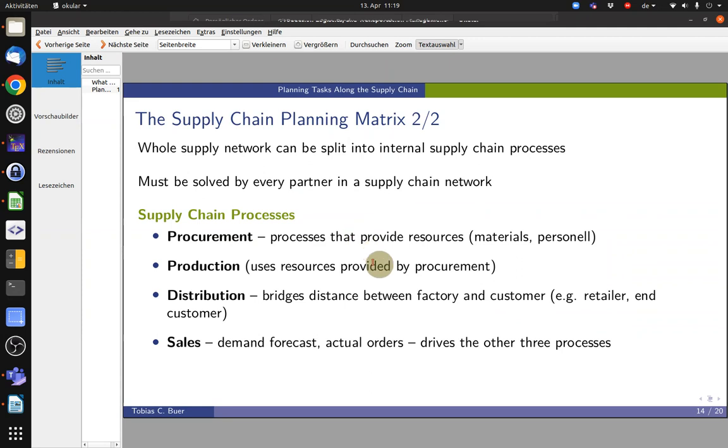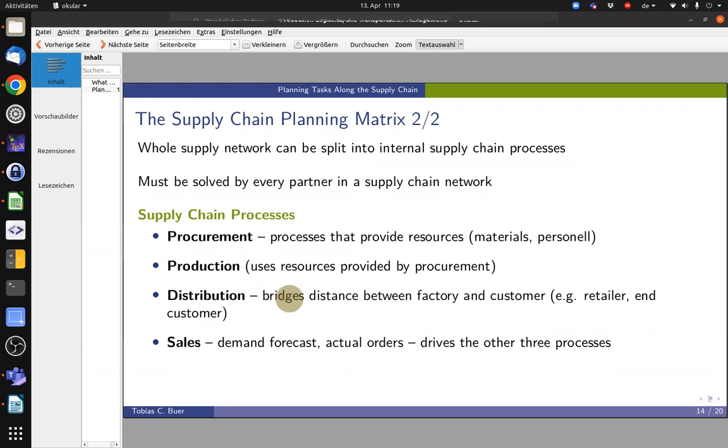Procurement is about providing the required resources, the required materials or personnel workforce. Production is, of course, how we manufacture our products, what and how many, and we use the resources provided by the procurement.